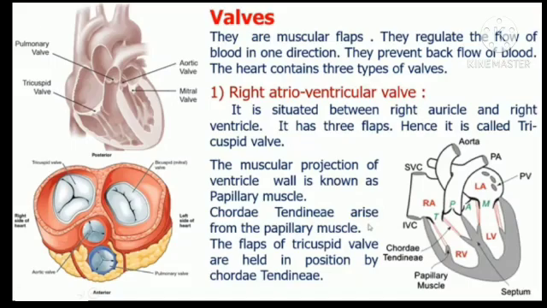It is called the tricuspid valve. The muscular projection of the ventricle wall is known as papillary muscle. Here, chordae tendineae arise from the papillary muscle. The flaps of the tricuspid valve are held in position by chordae tendineae. It prevents the backflow of blood.